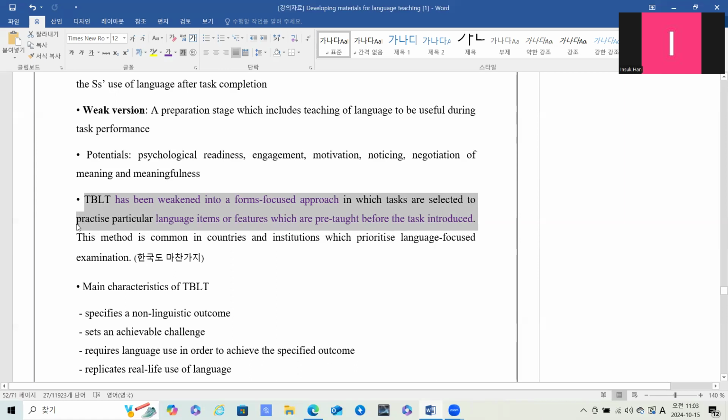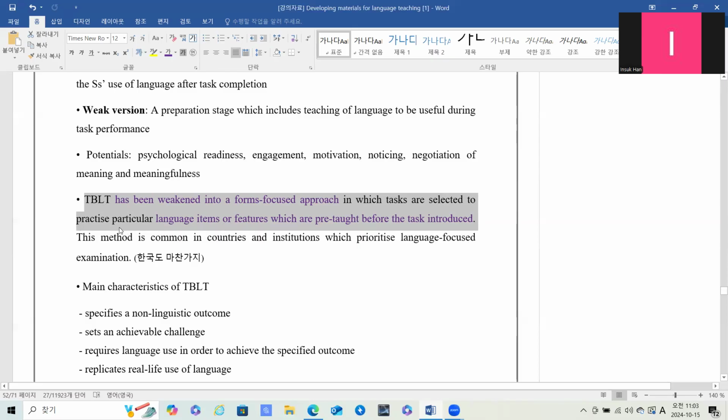So the initial step that teachers can take to perform TBLT is to identify what language items to be taught through the task completion activity.